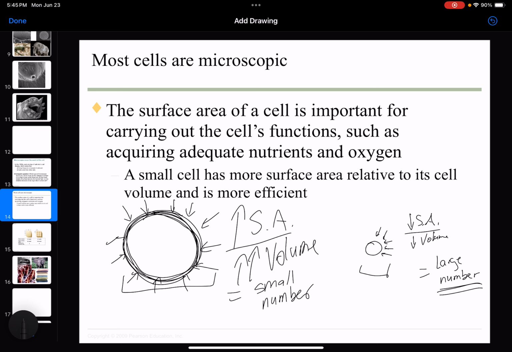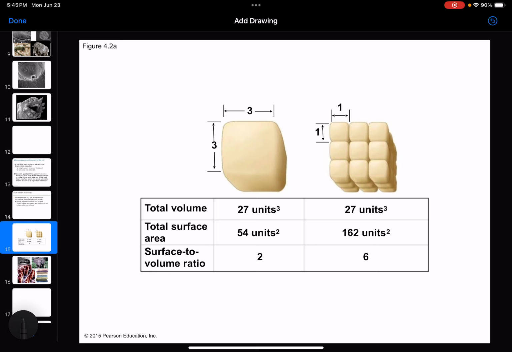So we can try it. We can actually put some number values here. Let's pretend that the cell is the shape of a cube. And it's like 3 units across and 3 units tall. And because it's a cube, it's got 6 sides. All right, so what's 3 times 3 to figure out the surface area?